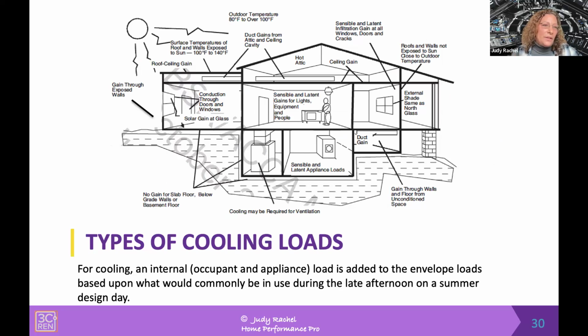Now, what we need to figure out for those occupant and appliance loads are, first of all, how many permanent, full-time occupants are going to be living in the house, and then secondly, what the various appliances are that might be contributing to the load that the cooling equipment is going to need to remove from the house at a late afternoon or early evening on a hot summer design day. So that's like July at maybe 5 p.m.